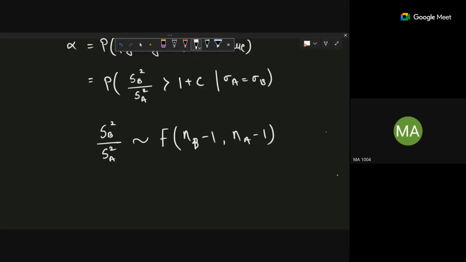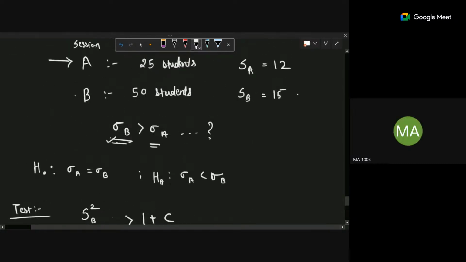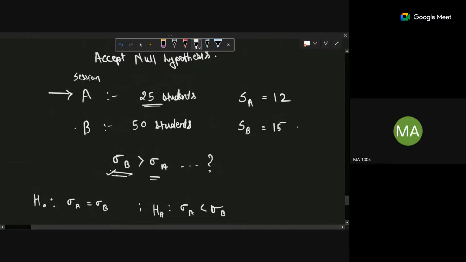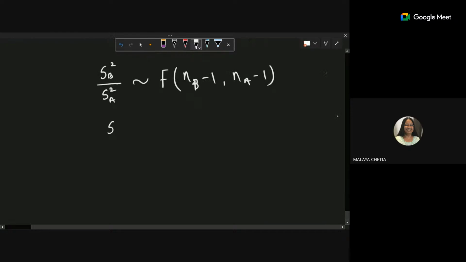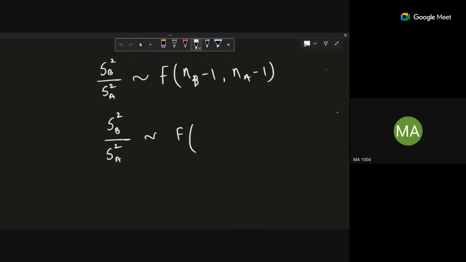So what was the sample size? 15, so 14. Yes, the sample sizes were these. So our SB square upon SA square will follow an F distribution with 49 and 24 degrees of freedom, right?